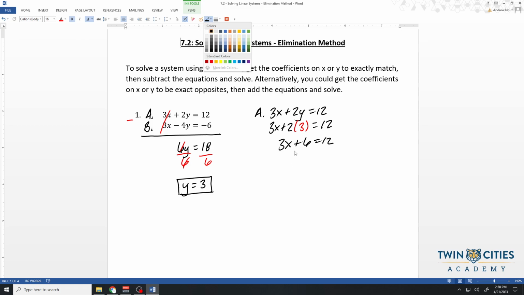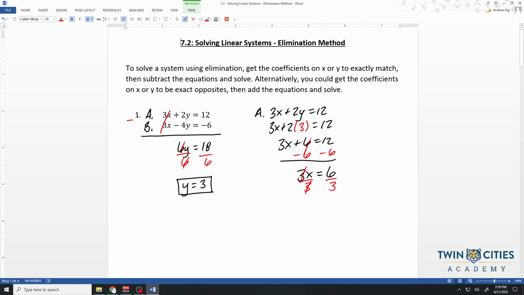Solving for x here, so we'll subtract 6. 3x is equal to 6, and then finally divide both sides by 3. So x is equal to 6 divided by 3 is 2.